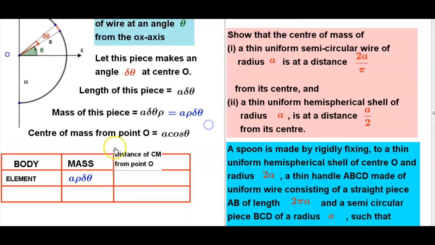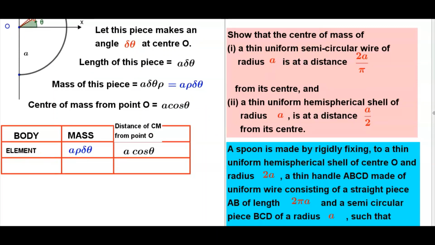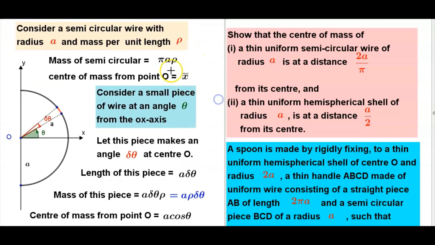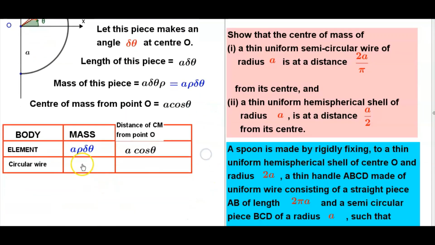Mass of the small piece of wire is a rho delta theta, and the distance of its center of mass from point O is a cos theta. The next body is our full circular wire. Mass of this wire is pi a rho, and the distance of its center of mass, x bar, is what we want to calculate.